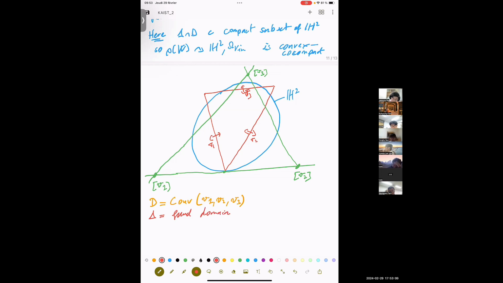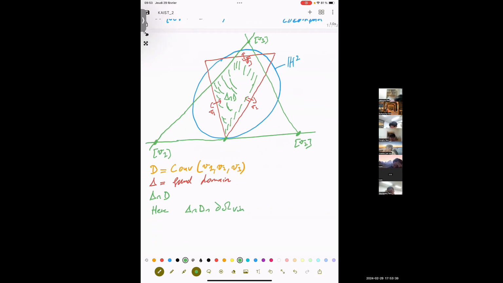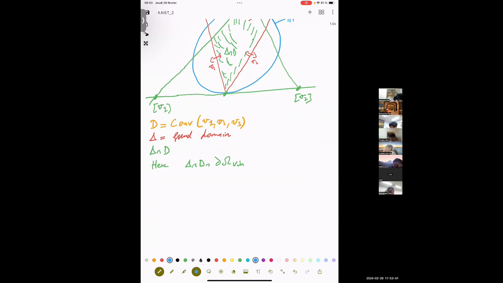And I take delta intersected with D. So this time delta intersected with D is this thing. So in particular, in that case here, delta intersected with D intersects the boundary of omega bin in that point. Okay. Sorry, I did not finish my sentence.